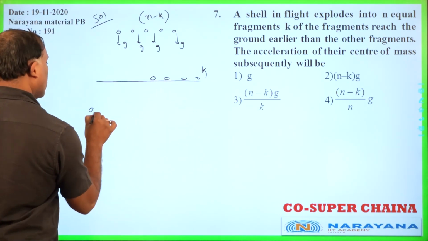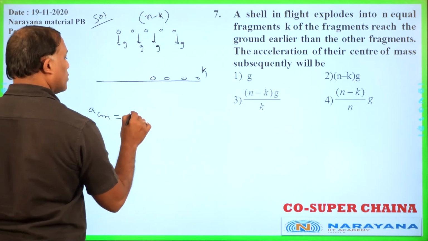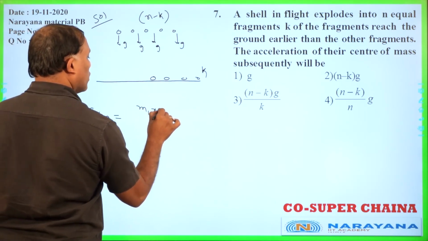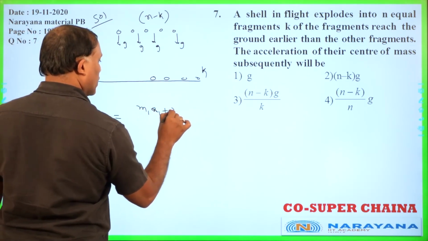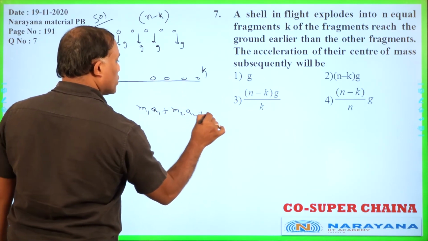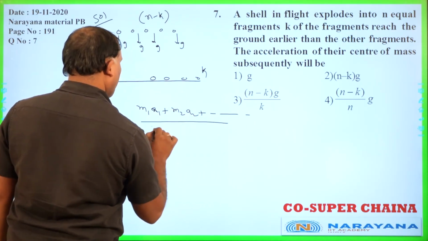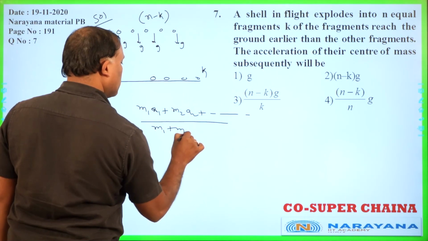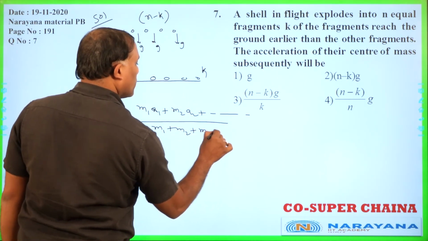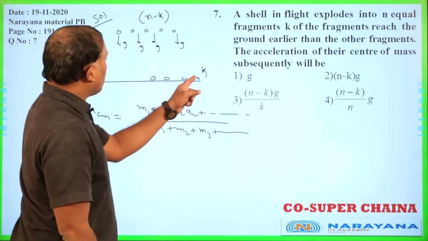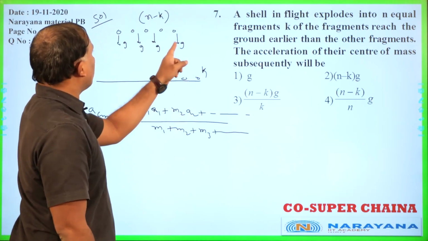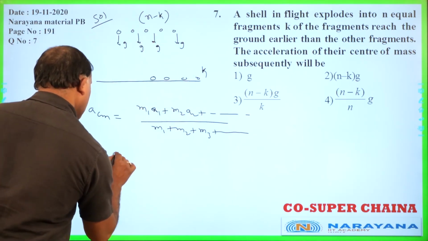So the acceleration of center of mass is equal to m1 a1 plus m2 a2 plus so on, by m1 plus m2 plus m3 plus so on, where these are all at rest. So there are n minus k masses.